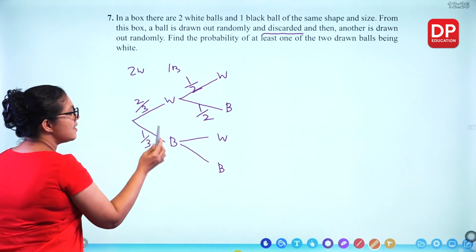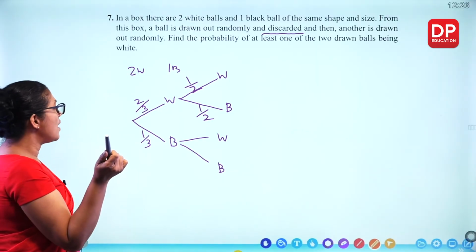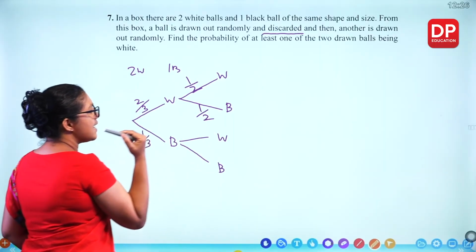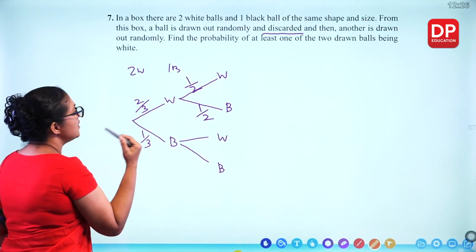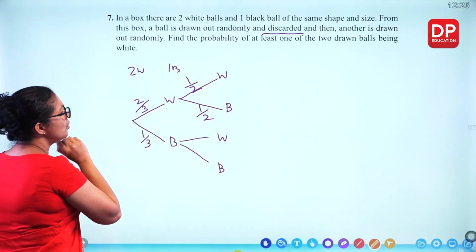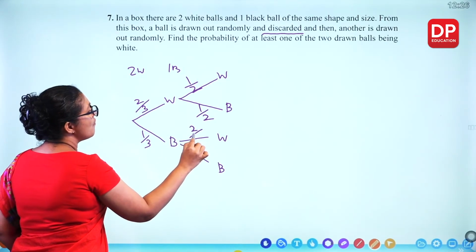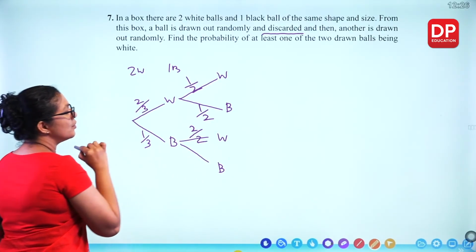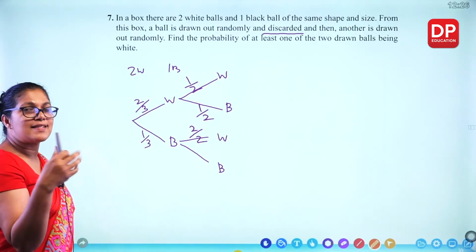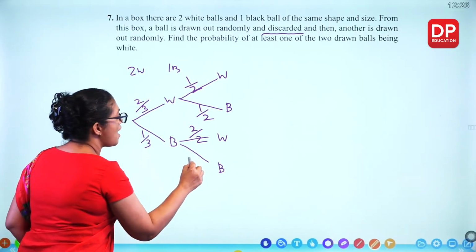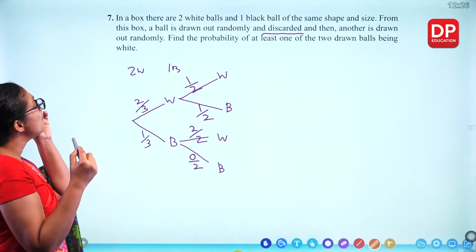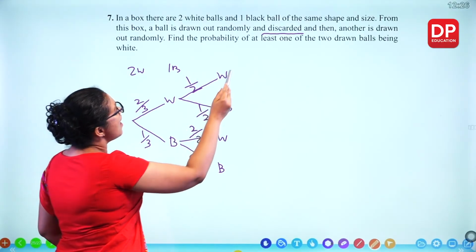This branch means first a black one is taken and discarded, and taking another white one. So how many white ones are there? This is 2/2. And what happens if you take one black one and it's discarded? You are not getting another black one. So this is 0/2.